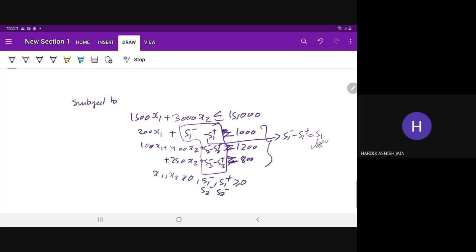Sir, normally what we would have done in the simplex method is we would have written this inequality as 200x1 minus S1 equals 1000, right? Actually, that was the constraint. Here these are the objective.